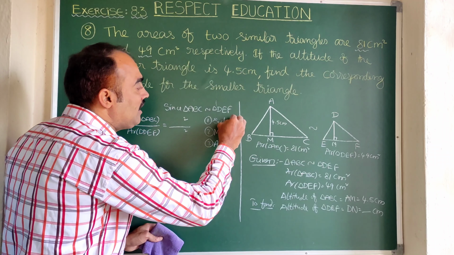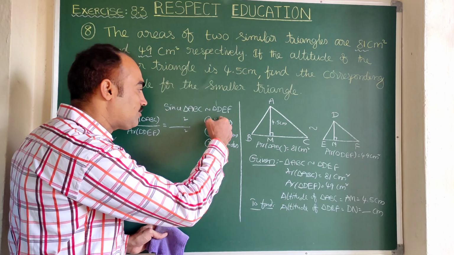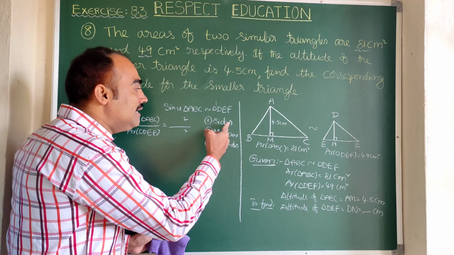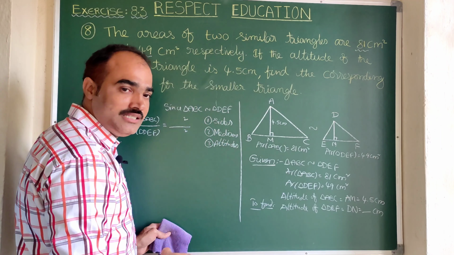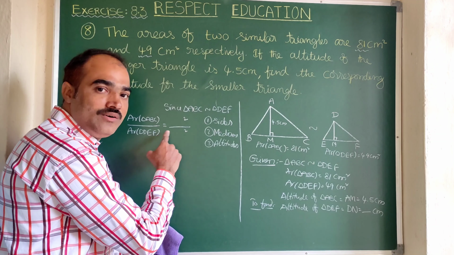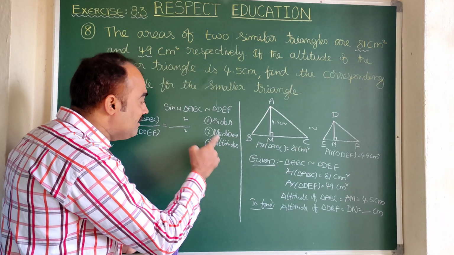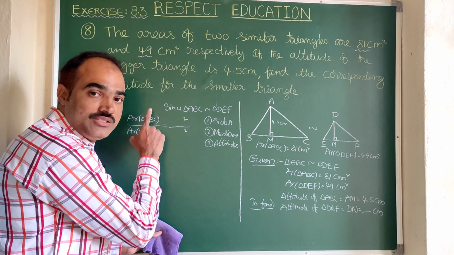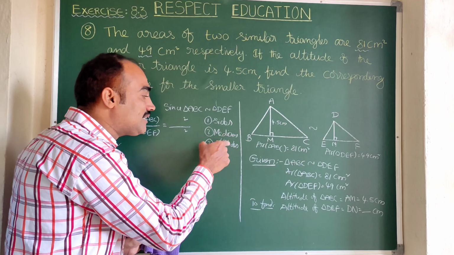These are all things we have learnt in earlier concepts. Those who want can follow the previous audios in which I have explained clearly how the ratio of the areas of two similar triangles is equal to the ratio of the squares of their corresponding sides. This is explained as theorem 8.6, and how it is equal to the ratio of the squares of their corresponding medians. In the same way, the ratio of the areas of two similar triangles is equal to the ratio of the squares of their corresponding altitudes.